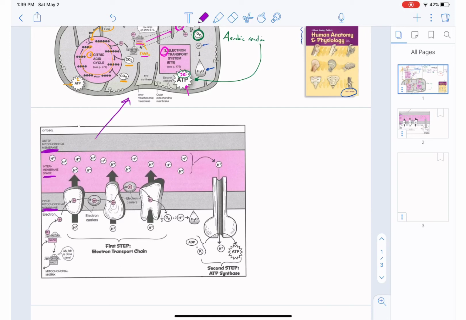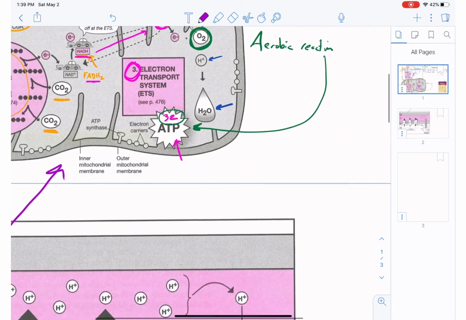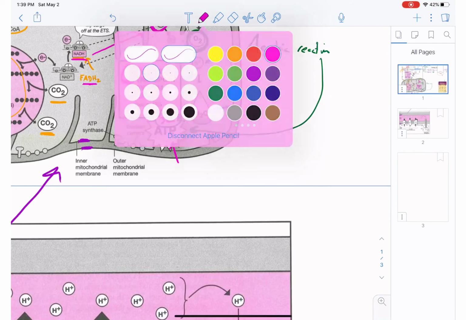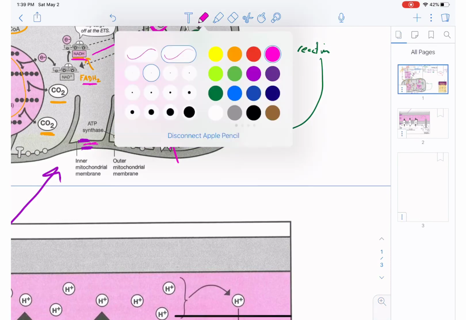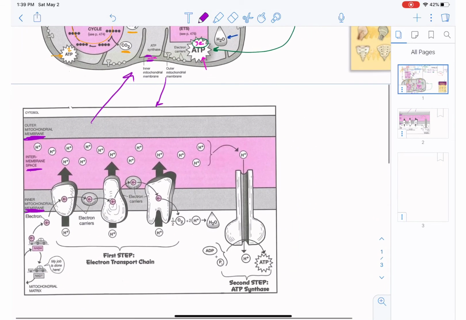And we can see that in this diagram up here. Here's the inner mitochondrial membrane, there's the outer mitochondrial membrane, and then we have the intermembrane space. And again, that's what we're looking at down here in much more specifics.